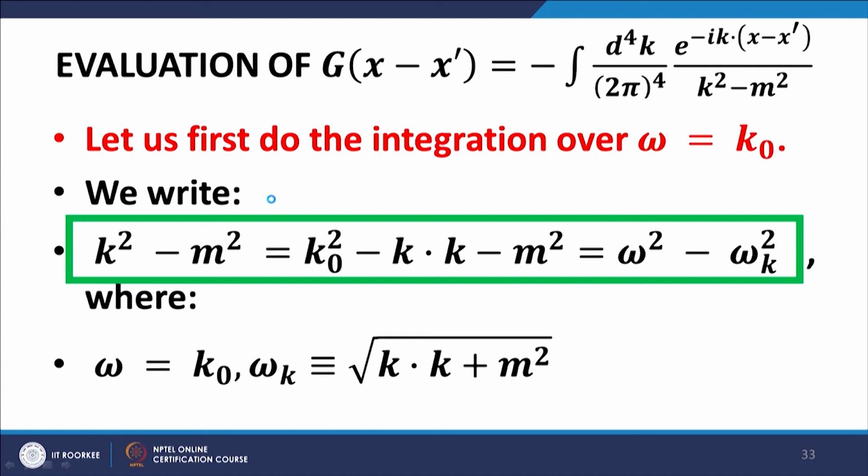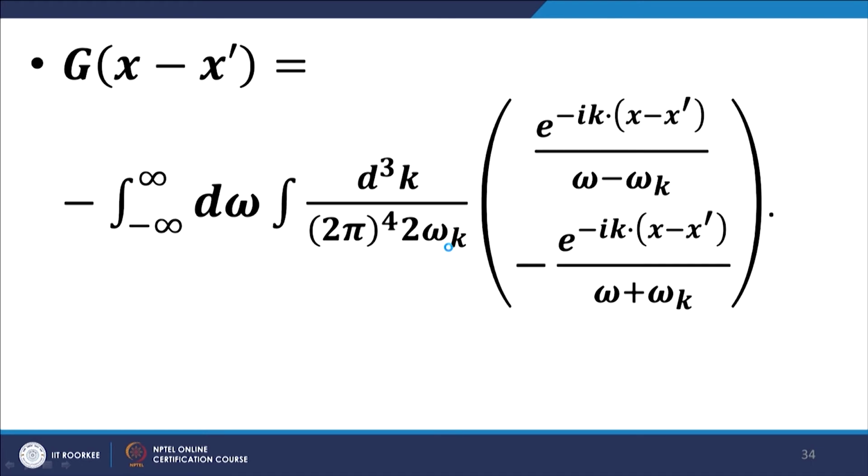We club the second and the third term and write them as omega_k square, and k0 square we write as omega square. So, the expression k square minus m square is now rewritten as omega square minus omega_k square, where omega square is equal to k0 square and omega_k square is equal to k dot k plus m square.